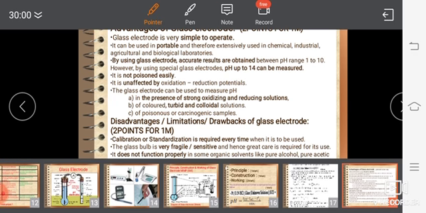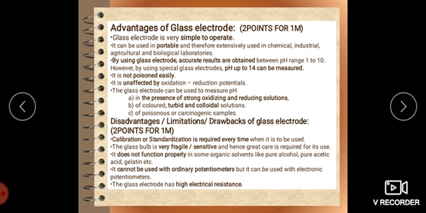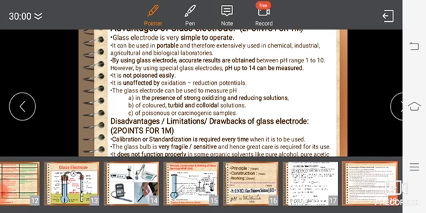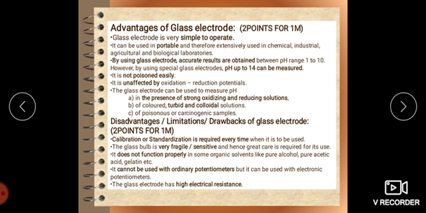We have some advantages of the glass electrode. It is very simple to operate, but it is very fragile. It is portable and therefore extensively used in chemical, industrial, agricultural and biological laboratories. Accurate results are obtained between pH range 1 to 10, but with special kinds of glass electrodes we can get pH values up to 14.